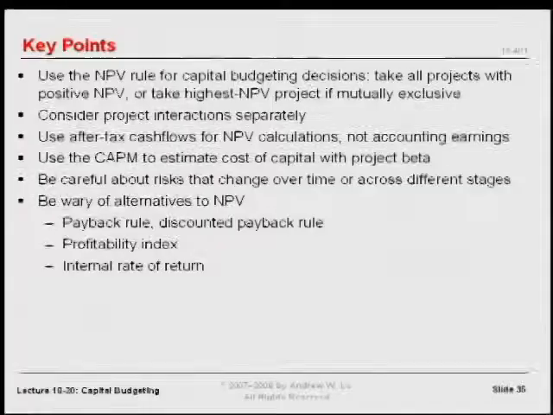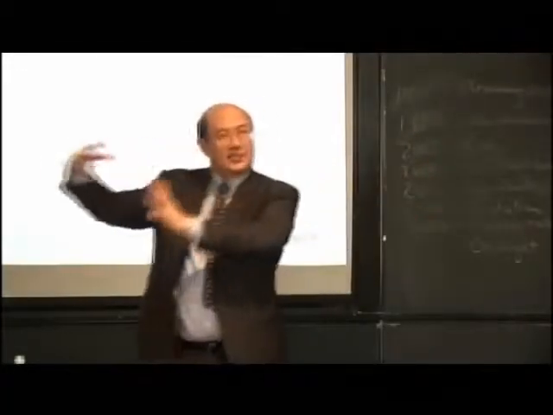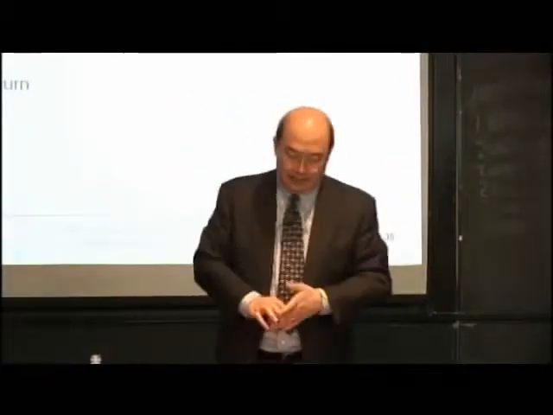Take all projects that are positive NPV, and if they're mutually exclusive, take the one with the biggest NPV. Consider project interactions separately. So consider the project on a standalone basis, then consider any interaction effects that may or may not exist. You can evaluate them separately and add them together at the end.